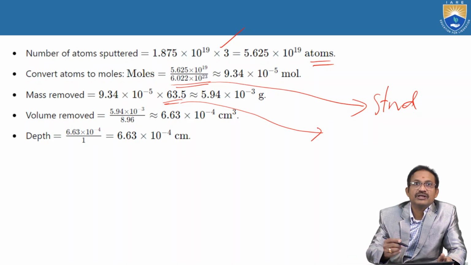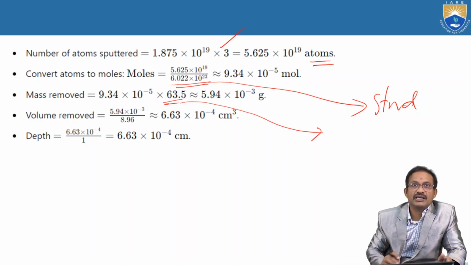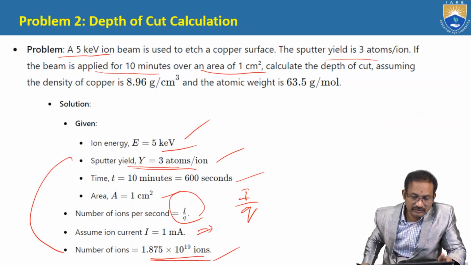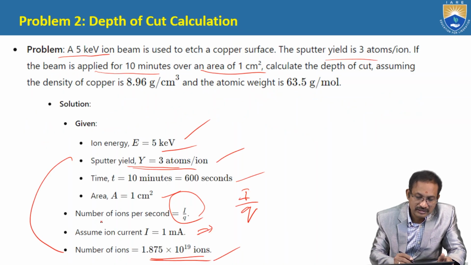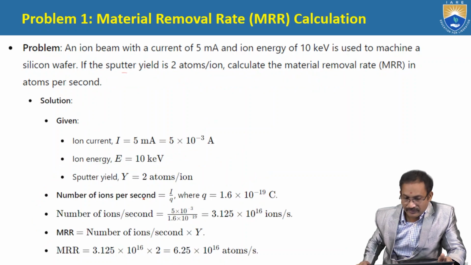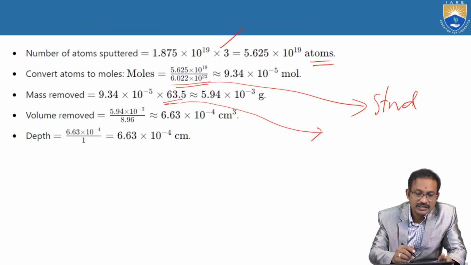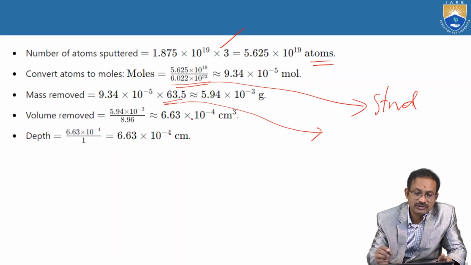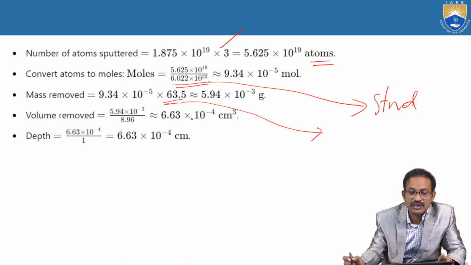Is the area given? Yes, 1 centimeter square is given. Approximately that is 6.63 into 10 power minus 4 cubic centimeters.